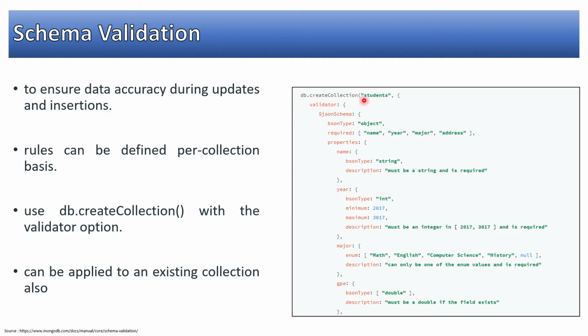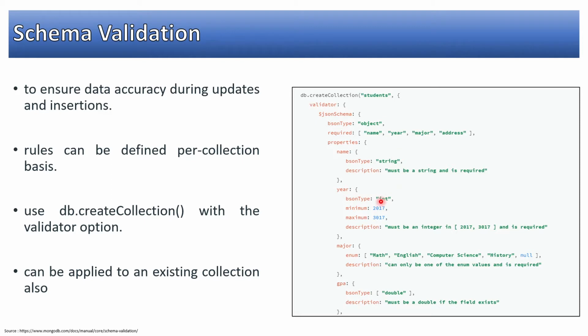So I'm going to create a collection called students, where this is the validator, this is the syntax, again jsonSchema, this is also a part of the syntax. bsonType, again this is the syntax part. Required, now what all fields are required: name, year, major, address. Properties. So I can now define this name to be a string with a description, for future understanding.